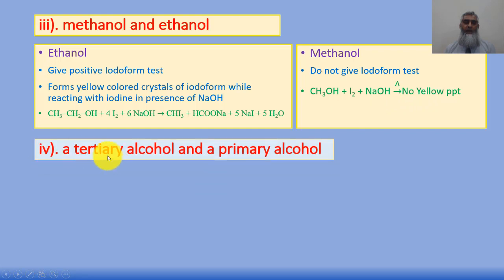Number 4, distinction between tertiary alcohol and primary alcohol. This can be easily identified by using the Lucas test.